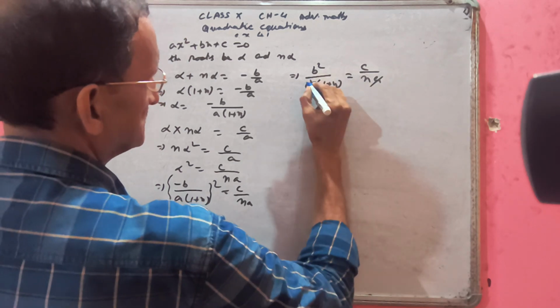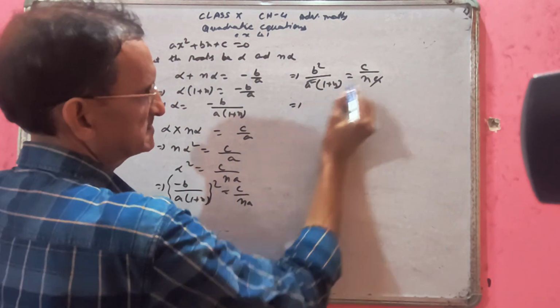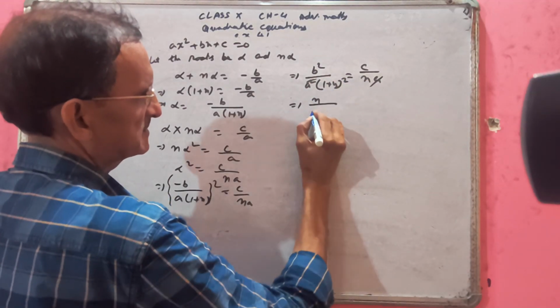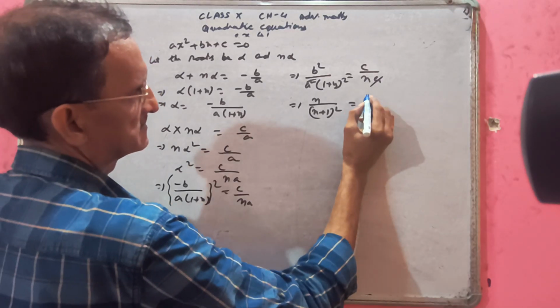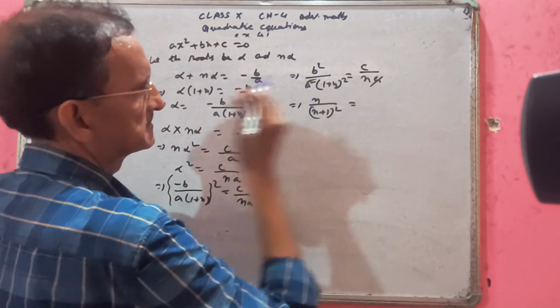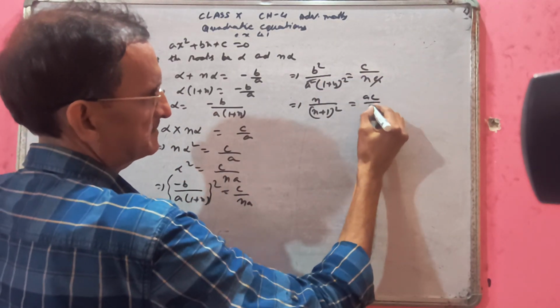A you can cancel because a is not equal to 0. So this n you can transpose here. So 1 plus n or n plus 1 whole square is the same thing. And n is here, then it is a into c, so ac by b square.